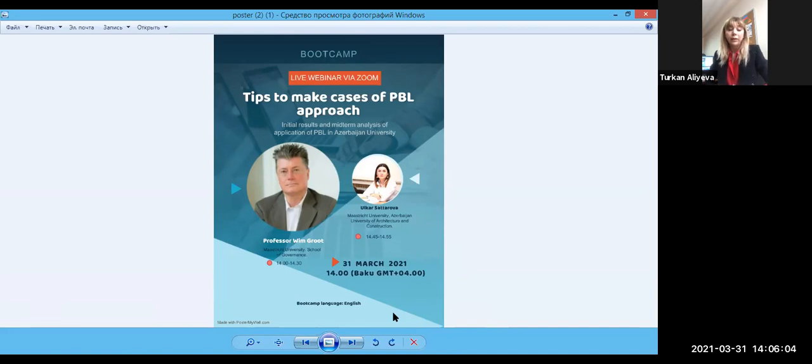And later in the session, Ulkar Sattarova is going to show a very interesting real data analysis from the University of Azerbaijan Architecture and Construction. It will show us a bigger picture of how effective PBL was, what was changed, and what the difference was between the traditional method and the PBL approach.